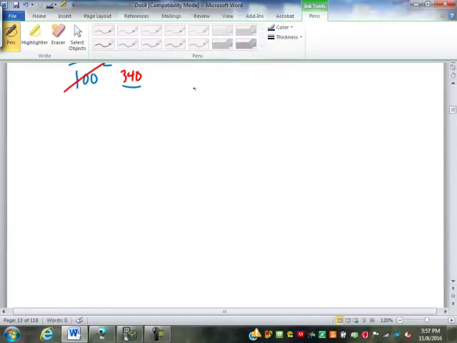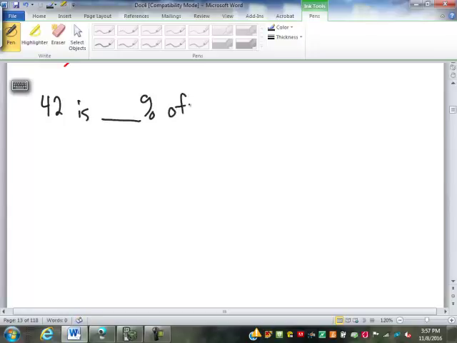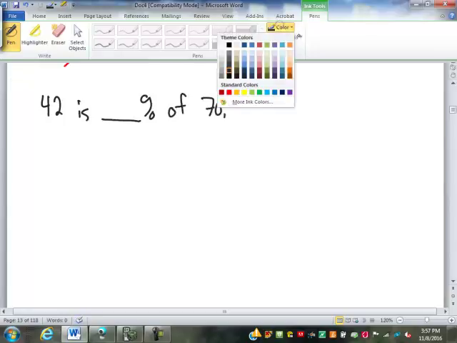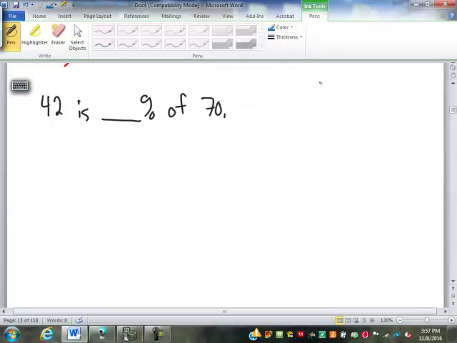So there's another type yet. We could have 42 is blank percent of 70. Here we are missing the percent. I've been saying all along that we start with the percent, and that's not going to change here.